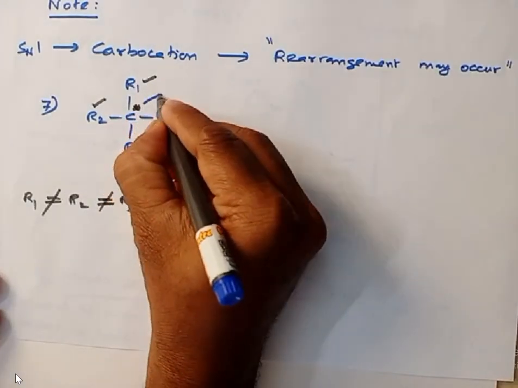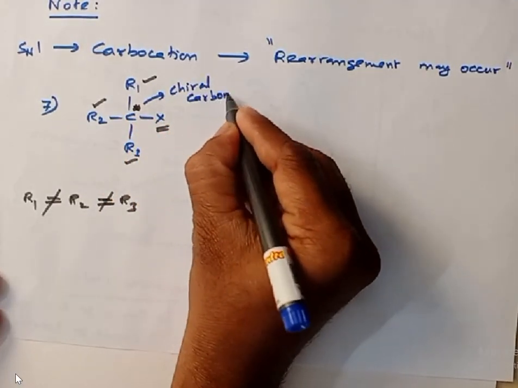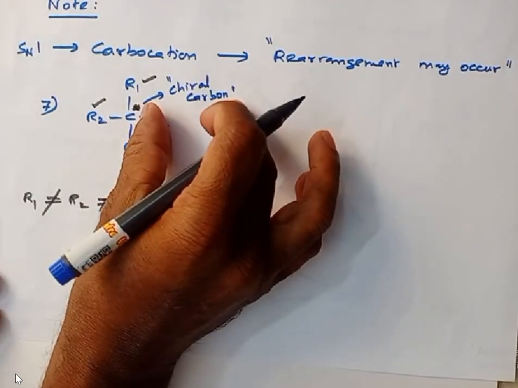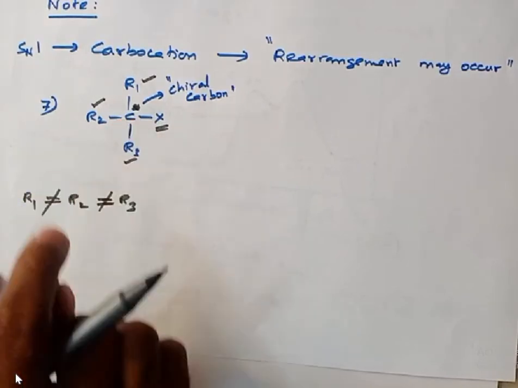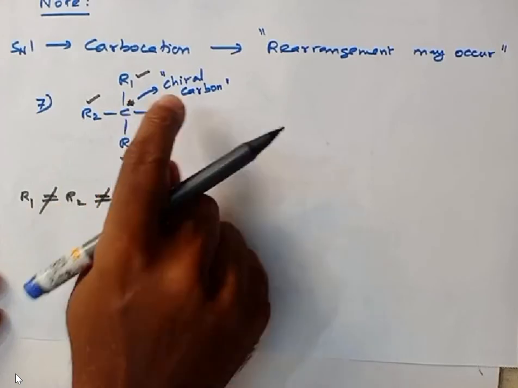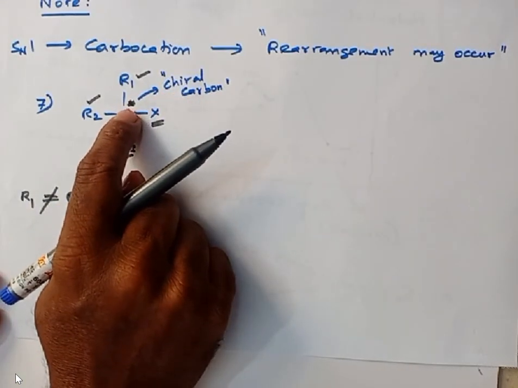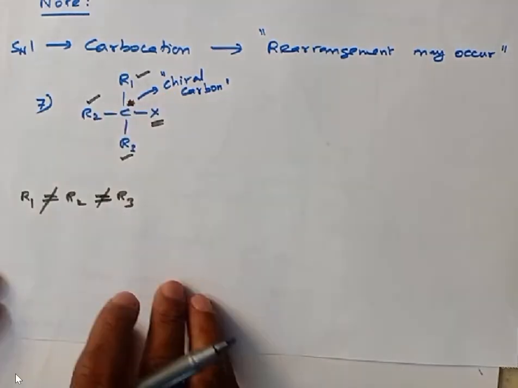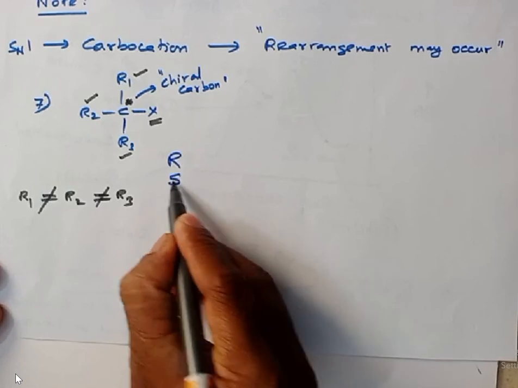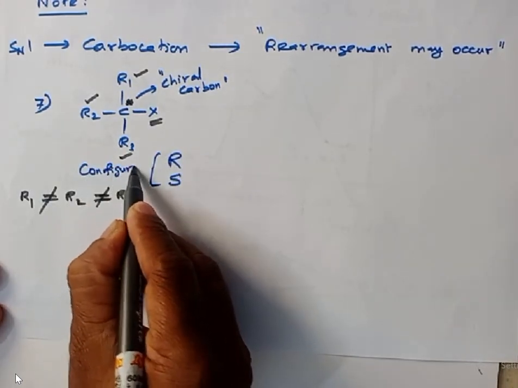Very good. The reactant has a chiral carbon, so it will have some configuration. Whenever a molecule has a chiral carbon, that chiral carbon has some specific configuration. It may have R configuration or S configuration. R and S are called configurations.